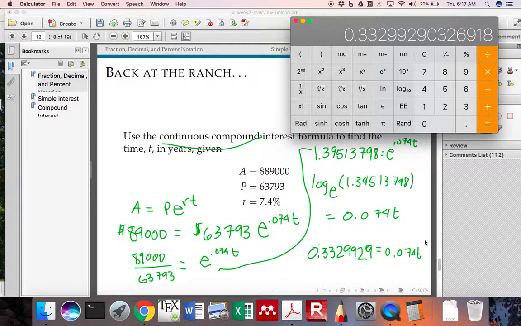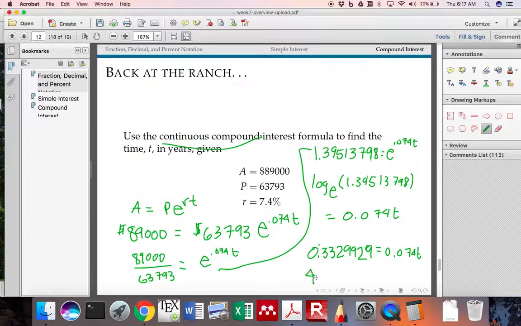So we're going to take this number, divide by 0.074, and end up with t as 4 point, I think the problem where I got this one in 3 decimal places, but I didn't specify, so let's call it 4.5. And remember, that's years. So 4.5 years, about.